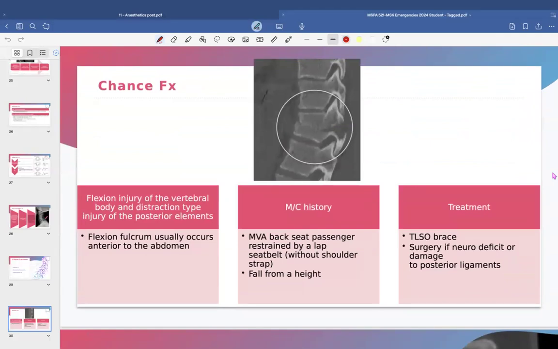You can have what's called a chance fracture, where you have so much pressure at one area that you collapse over the back. This is usually from flexion. It usually occurs anterior to the abdomen where you were constrained, hence the whole seatbelt analogy, and you're breaking those posterior components. You're going to need surgery.